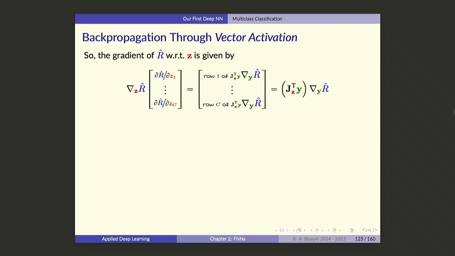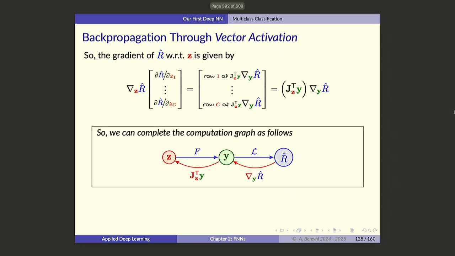You're going to get the exact Jacobian matrix, right? Transpose it, multiply it with the gradient that you had from the next layer. And then this is going to be the gradient of the previous layer, right? So moral of the story, when you want to move backward through one vector activation, you just need to do the transpose of the Jacobian. Okay?